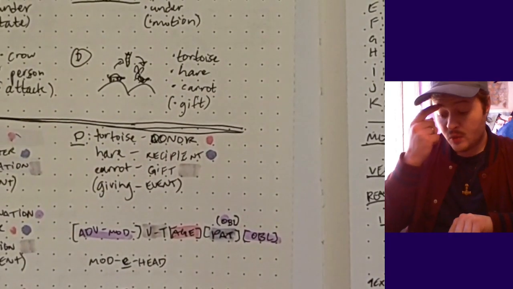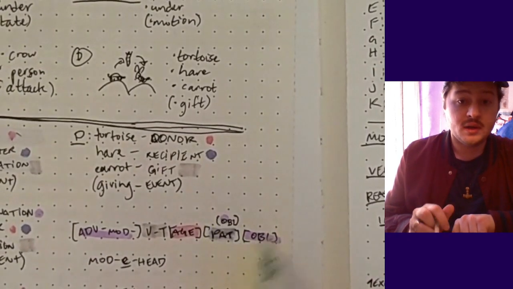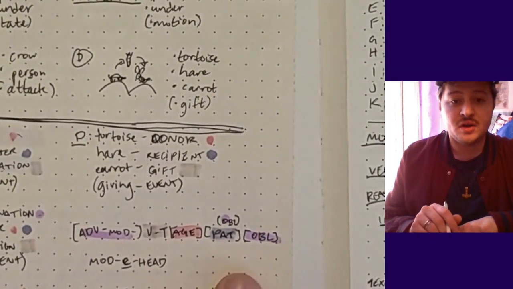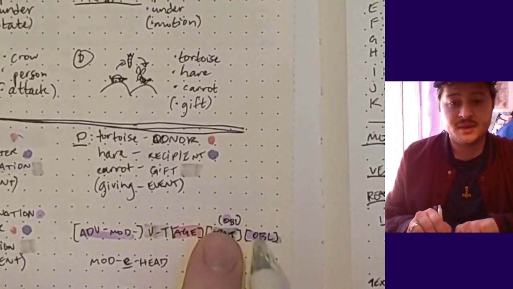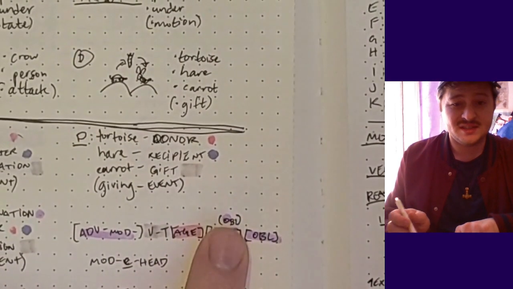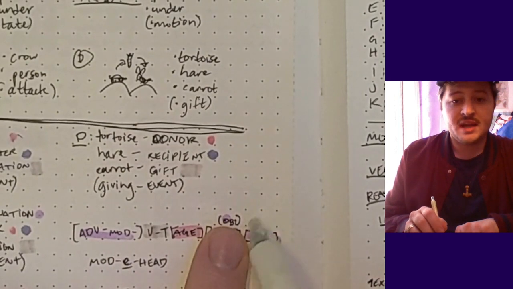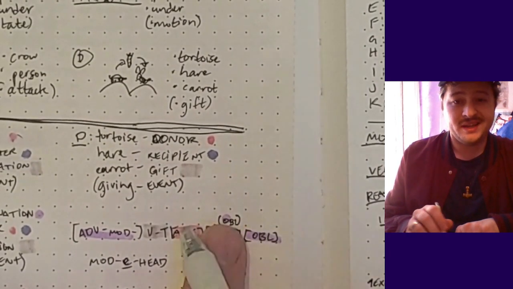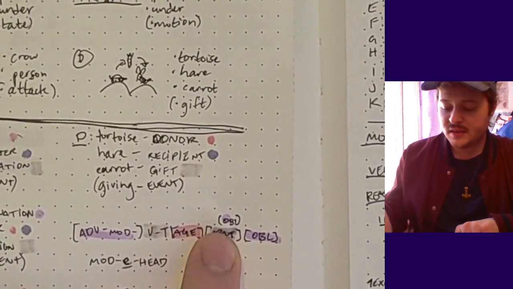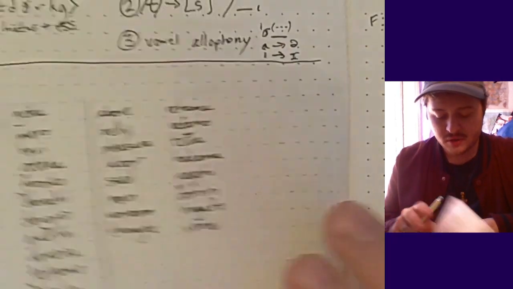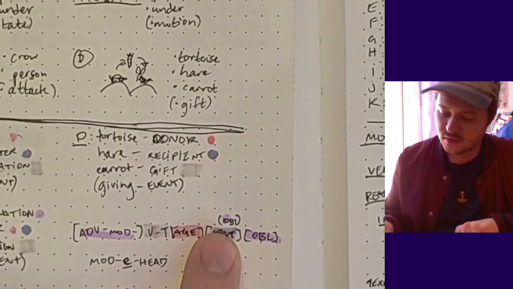Now, what I decided to do is add a particle in the case that you have no patient, but you do have an oblique. Like you want something else in your sentence, but there's no patient to act upon, and you don't want to misconstrue this oblique as a patient. So you put a little particle there. And that little particle, what was the particle? Did I not write it down?